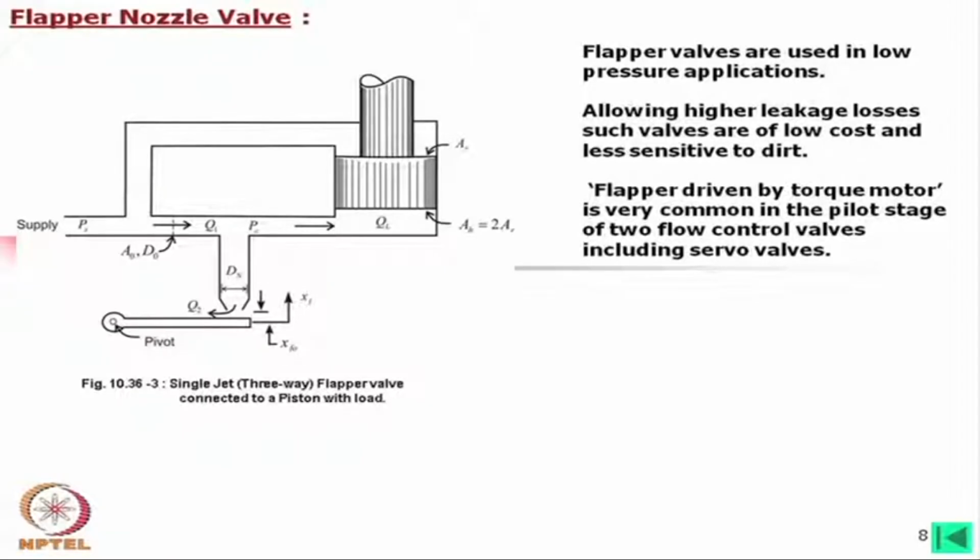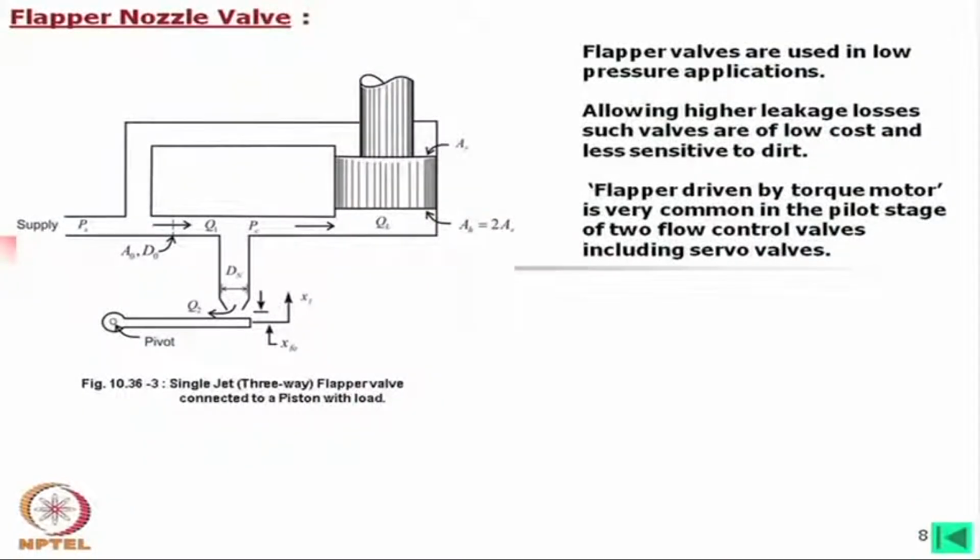Now, if we look into the four-way servo control valve, you will find it is actually two stage, because to drive the main spool we need much force. So there is a first stage valve through which the hydraulic oil flows to control the main spool.